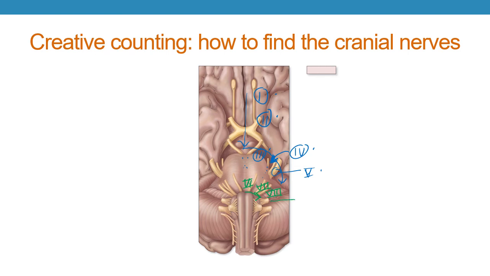And then we have cranial nerve 9, 10, and 11 running down the side of the medulla. Okay. So you actually have 6 of the cranial nerves here right in order, running along that groove between the pons and the medulla, and then down the side of the medulla.